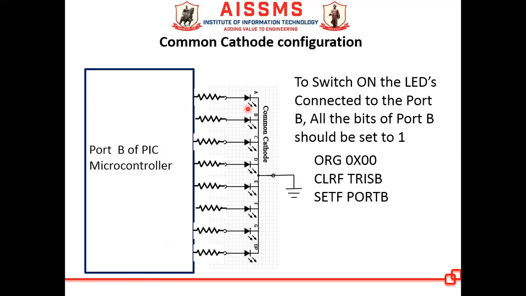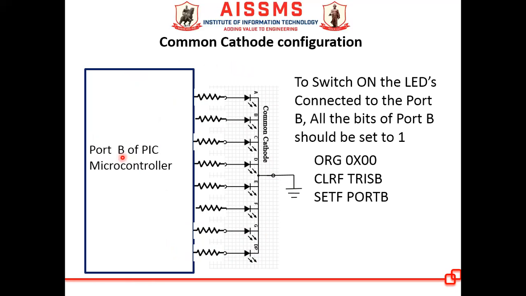So if you want to switch on these LEDs, you have to make the lines of port B equal to 1. If you make these lines equal to 1, the LEDs will glow. Now to switch on the LEDs, first you need to configure port B as an output port.